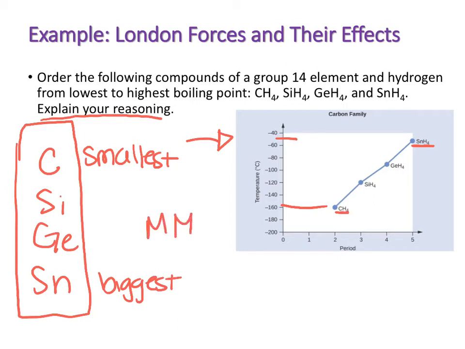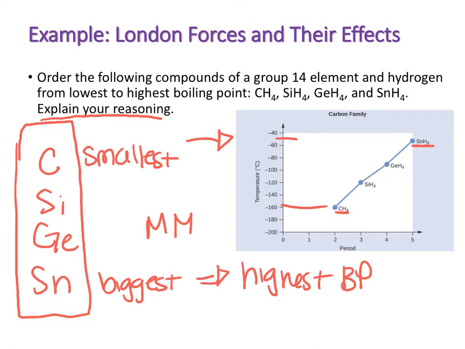So the reason that the tin compound has the highest boiling point, and it's also the biggest, is because the bigger something is, then the more polarizable it is. The more polarizable it is, then the more induced dipoles that it can cause, and then you will end up having more London dispersion forces.